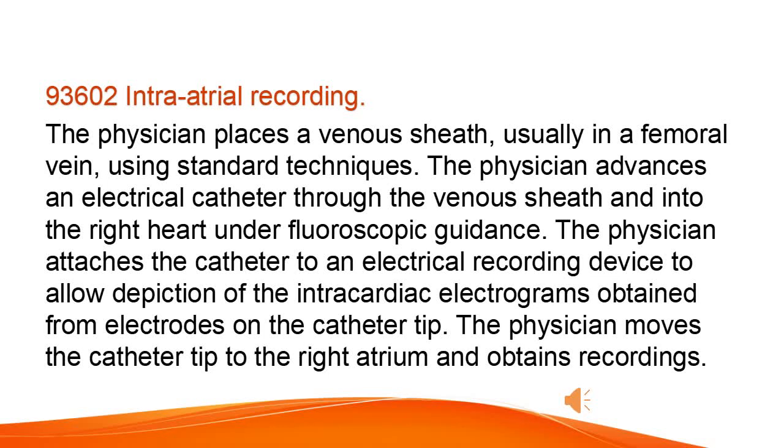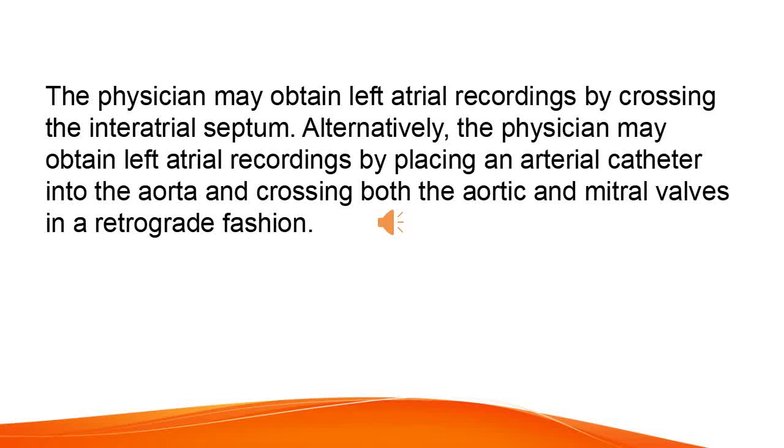The physician moves the catheter tip to the right atrium and obtains recordings. The physician may obtain left atrial recordings by crossing the interatrial septum. Alternatively, the physician may obtain left atrial recordings by placing an arterial catheter into the aorta and crossing both the aortic and mitral valves in a retrograde fashion.